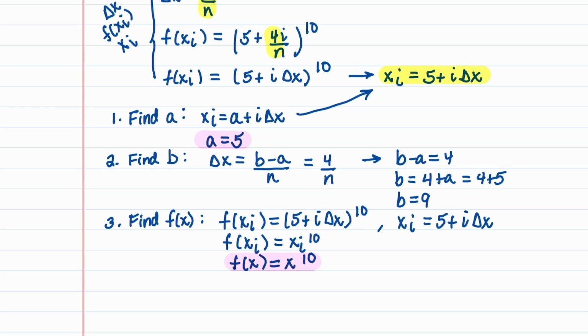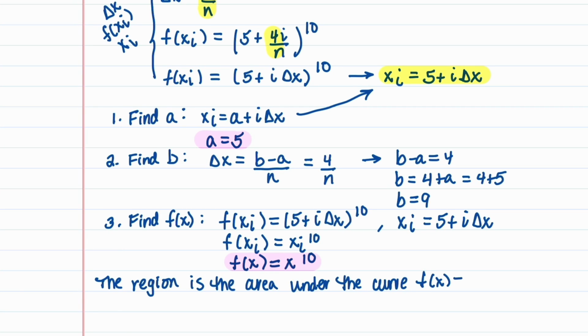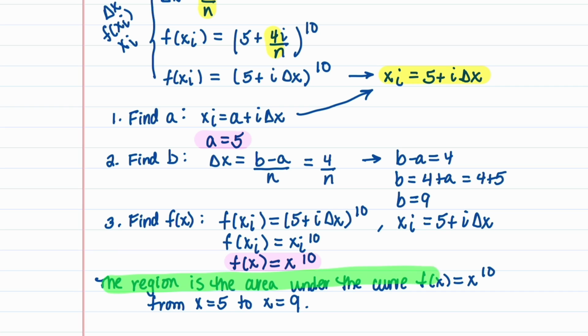So we're going to say that the region is the area under the curve f of x is equal to x to the 10th from x is equal to 5 to x is equal to 9. And there's our answer. This is a hard problem, but now you know exactly how to solve it.